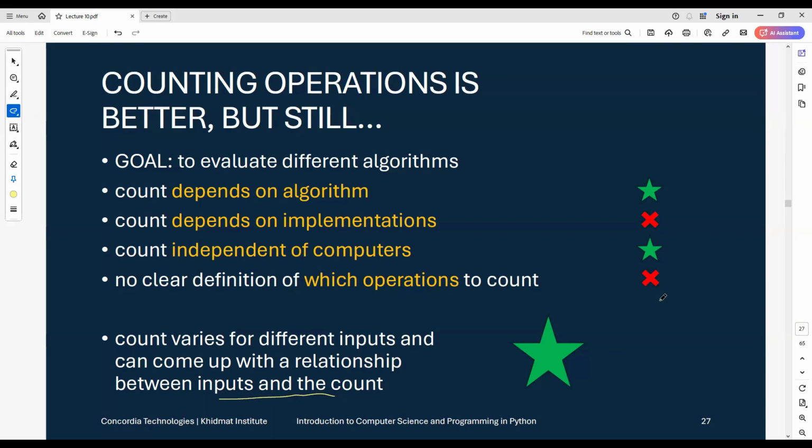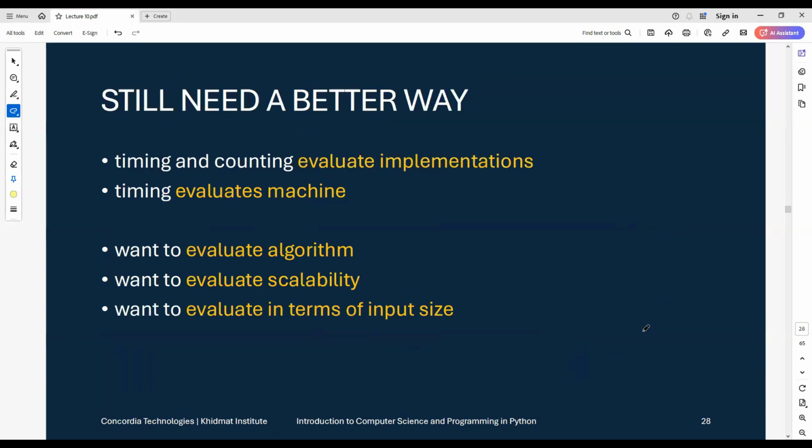But still, we need a better way to cover all of our bases or all of our questions here. And the reason we want to do that is to evaluate the algorithm and not the machine.